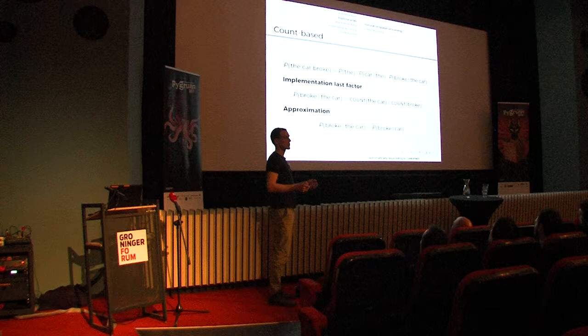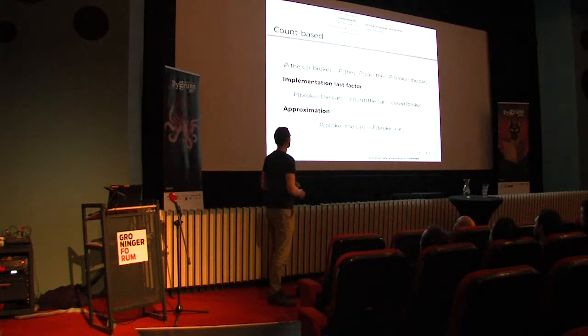So you have a lot of counters, and you process an entire document, and you increment the counter for something you find. So let's say here you read "the car", then you increase the counter for "the car". And using this, you can determine all those probabilities.